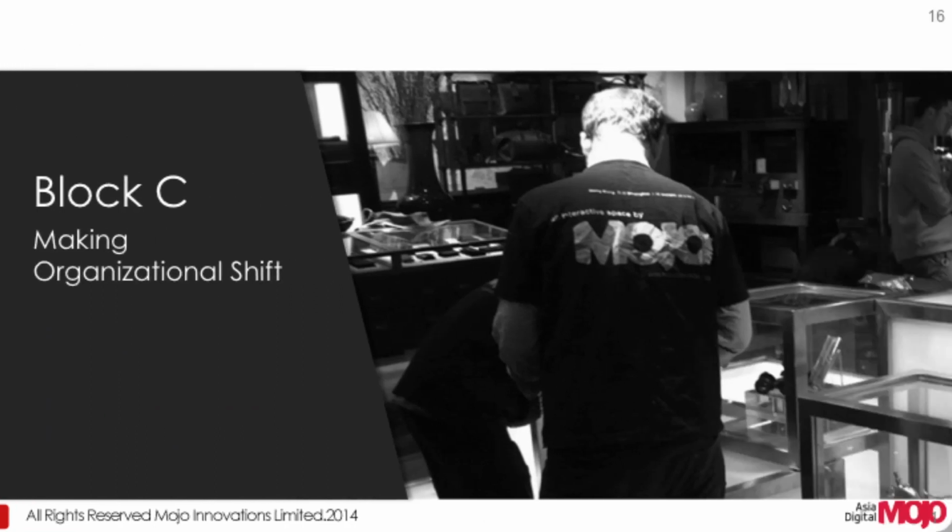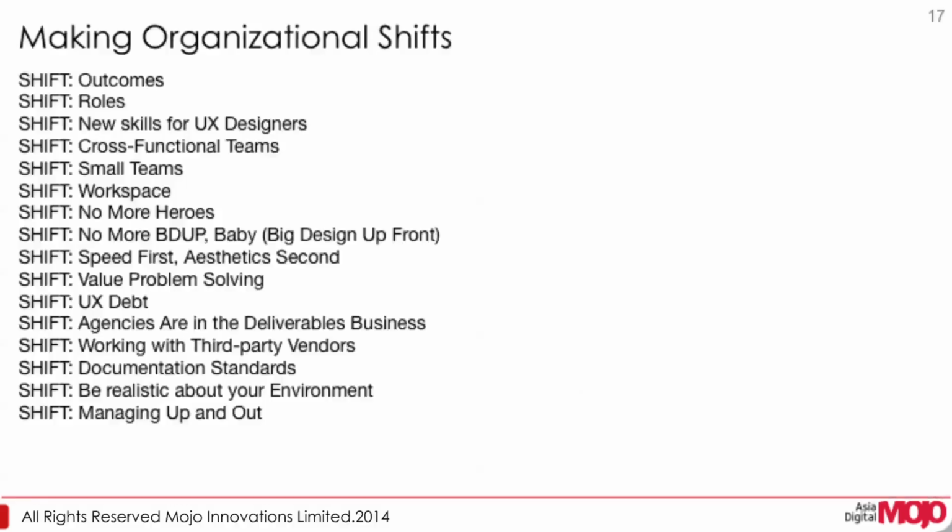So finally, how do you actually make the organization shift in your own company, in your own organization? There are several aspects you need to pay attention to. You should switch to an outcome-oriented approach instead of features and functions.